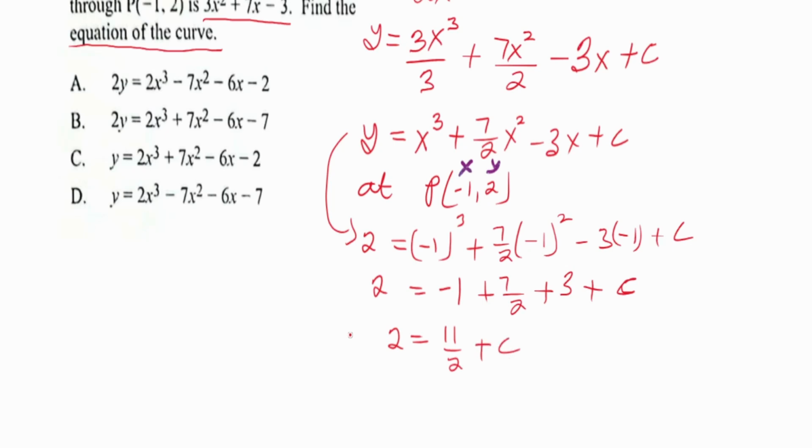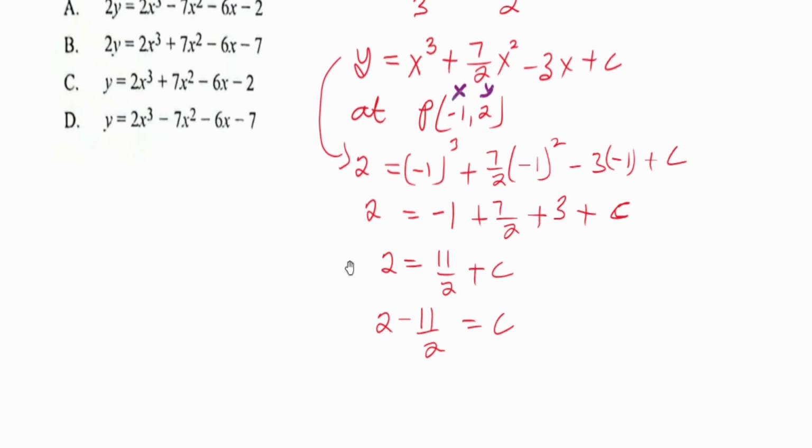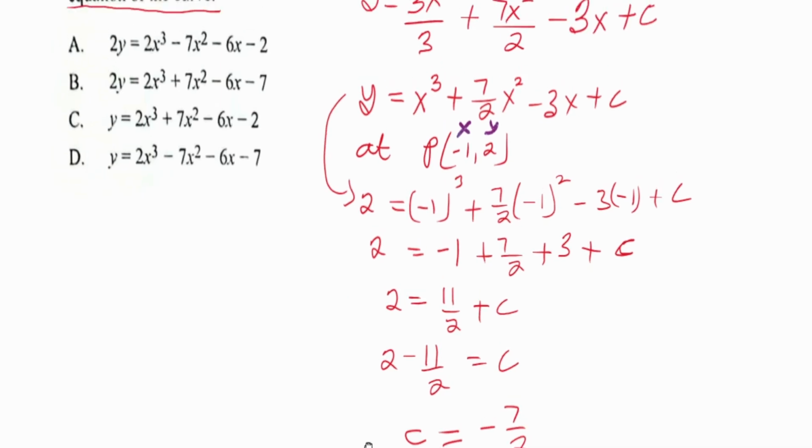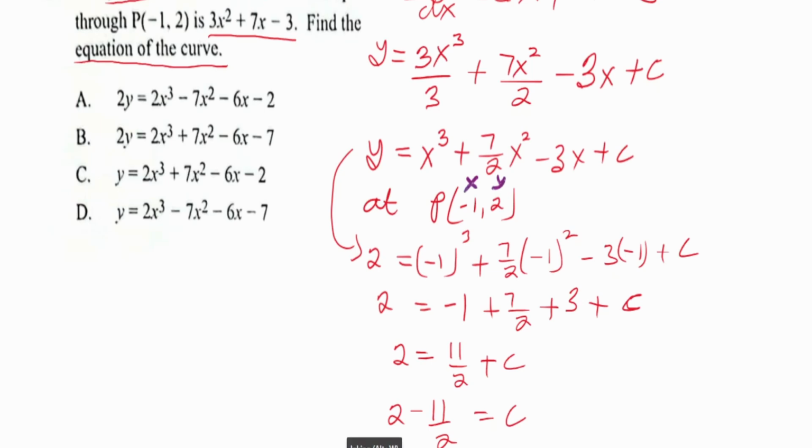Then subtracting 11 over 2 from both sides, we get 2 minus 11 over 2 equal to c. If we do that with our calculator, we should get c equal to negative 7 over 2. For the sake of space, let me rewrite this equation here now, because we have solved for the value of c.